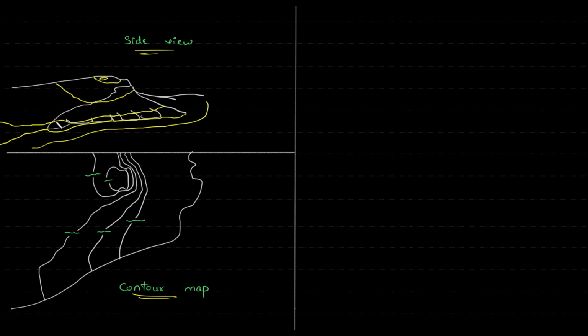So here, if I talk about the idea of gradient, moving from the top to the bottom has a lot more gradient compared to moving from, say, this point to this point. Let me actually show it with a different layer. From the top, I want to go to the bottom.